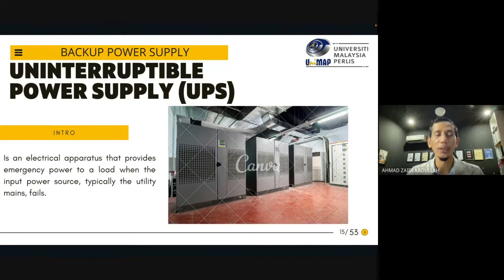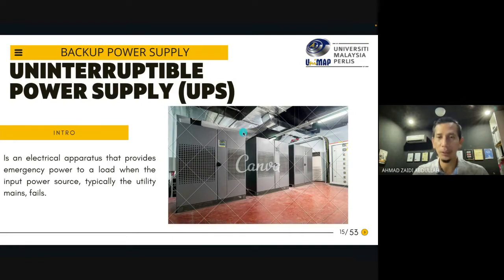But what we are dealing with now is the high spec UPS, which covers the power supply. Let's say there is no supply from TNB, how can another source, a backup system, be installed to cater the supply for our electrical system.